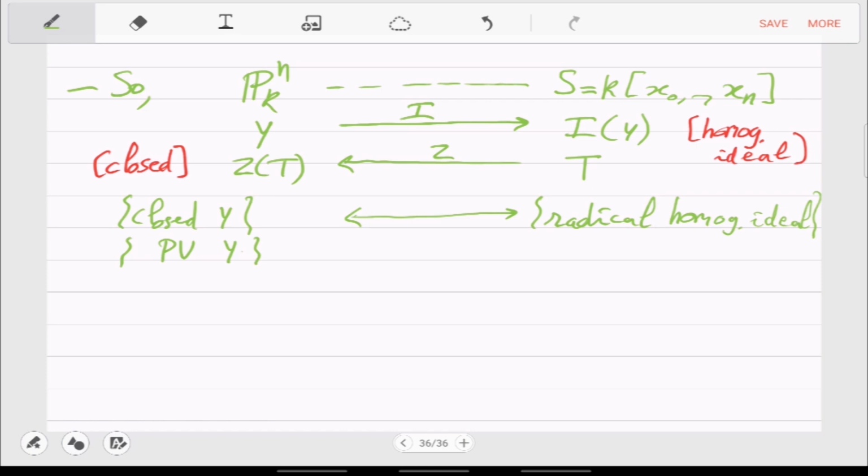So projective varieties will be in one-to-one association with homogeneous prime ideals. And a single point will be in one-to-one association with a maximal prime, which is a maximal ideal.